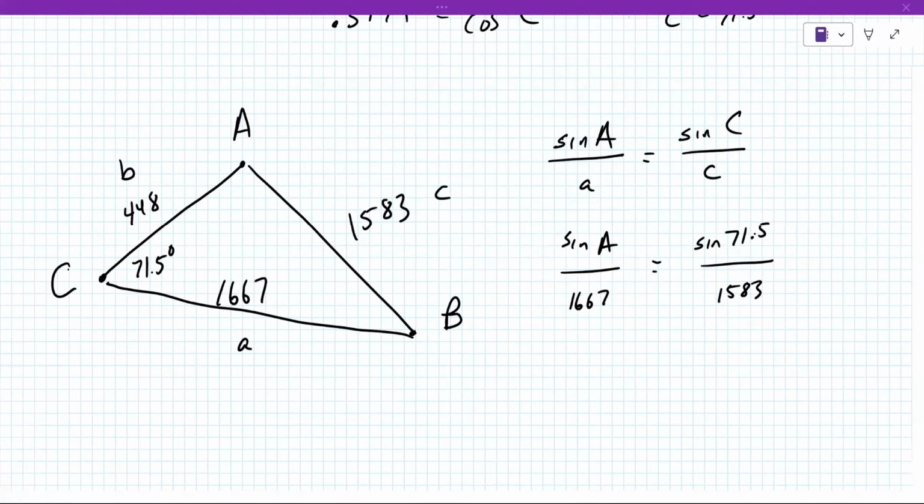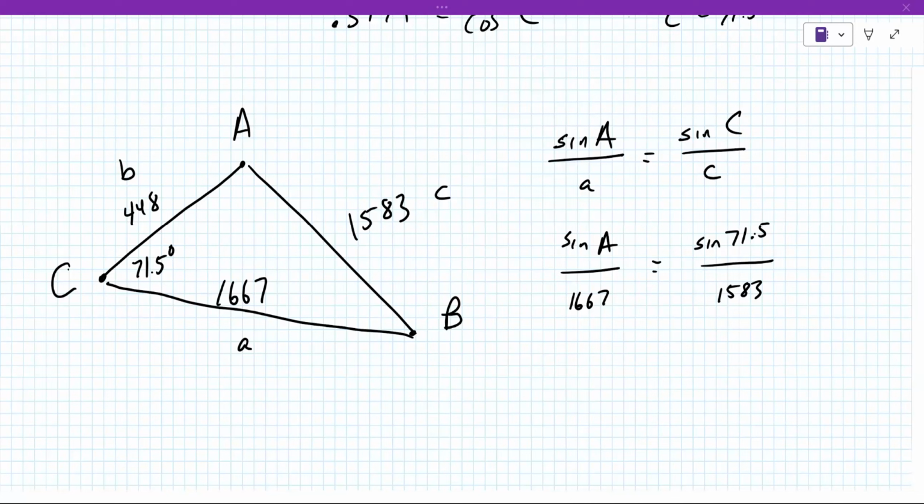Go ahead and solve this for sine A. I always plug this one in wrong.